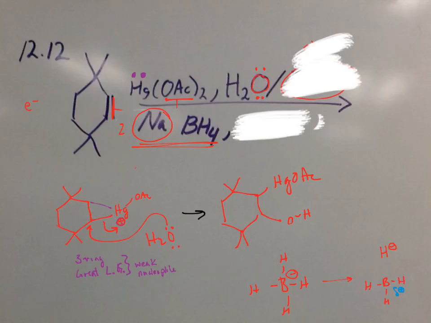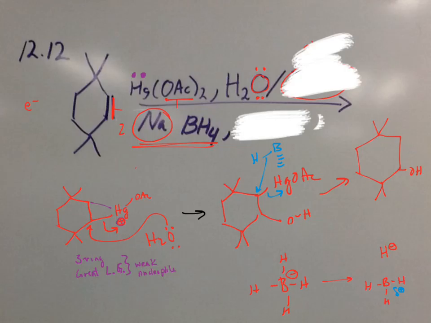What ends up happening? The boron can coordinate loosely to our mercury. The hydride can coordinate to the carbon. The result is I get an OH and an H added across the double bond.